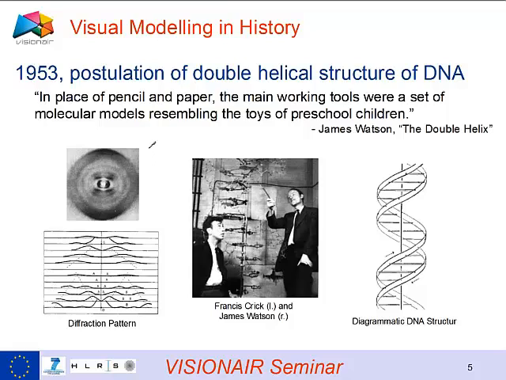Then, I think you know that in 1953 they published an article in parallel with Rosalind Franklin confirming the structure of the DNA molecule. You can see the image from the paper on the right side.